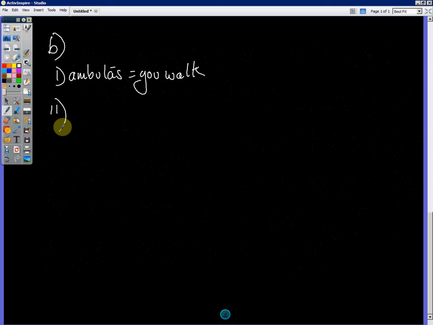B was to translate some Latin into English. So let's get straight into that. The first one, number 1, was ambulas. Ambulas means you walk. Number 2 was clamat. Clamat means he shouts, or it could mean she shouts, or it could mean it shouts.